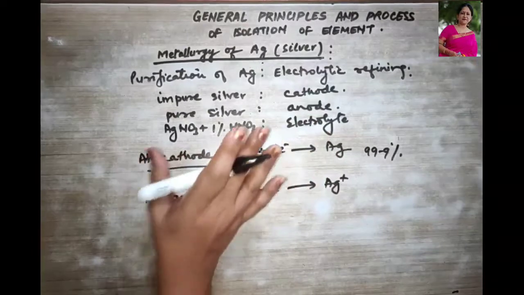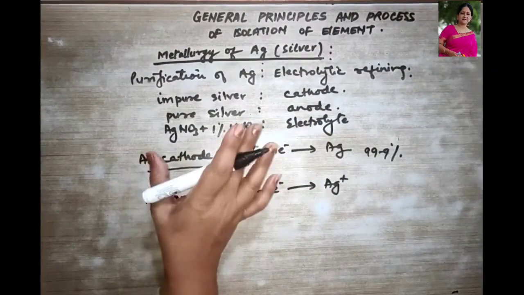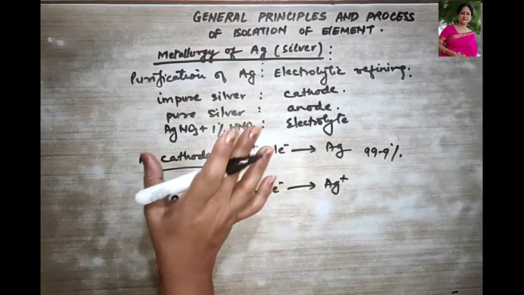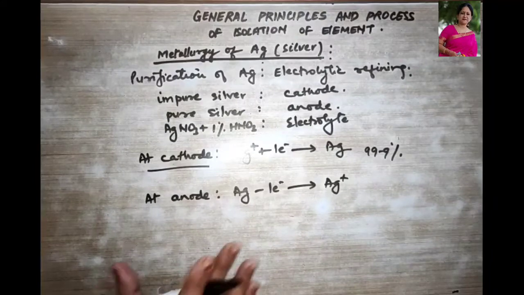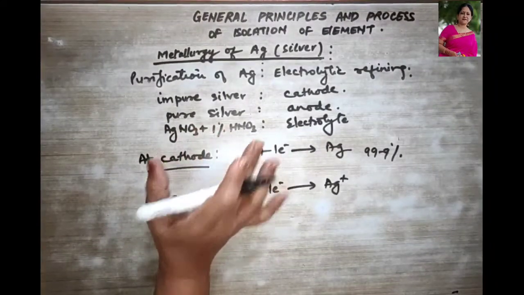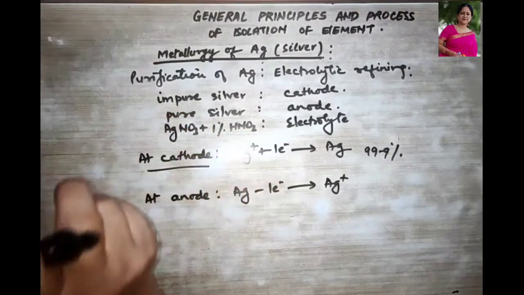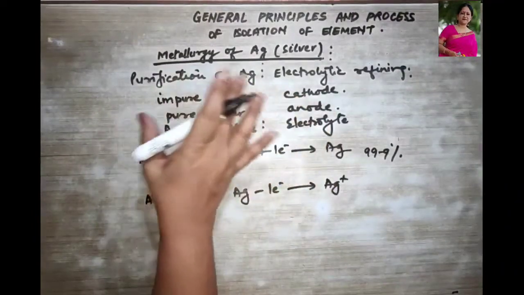Now let us also understand the extraction of silver from argentiferous lead. Now India does not have much potential source of silver ores, right? So it is also obtained as a byproduct during the extraction of gold and lead.